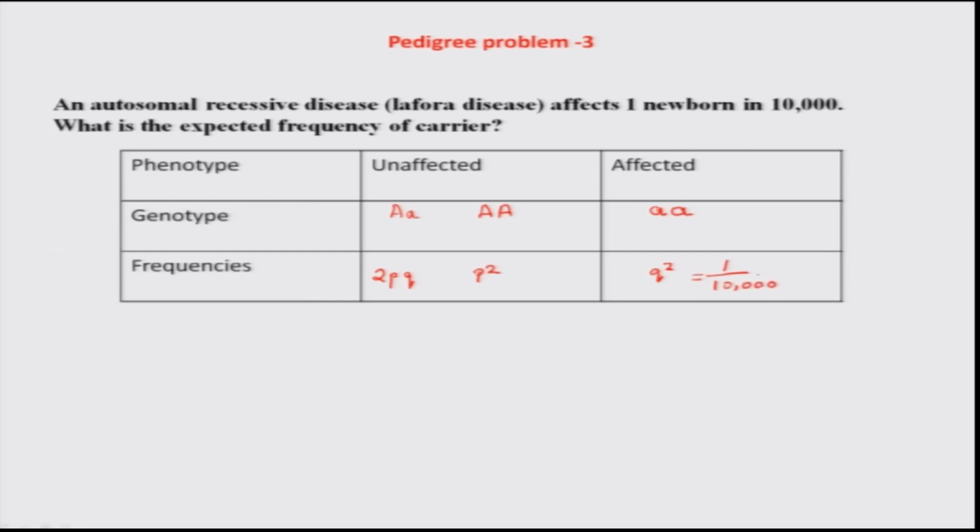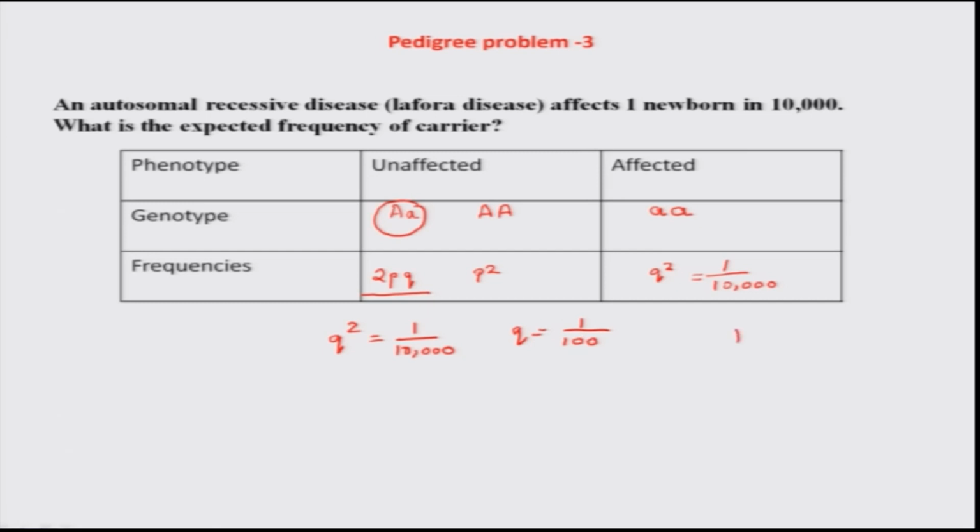And we have to figure out what is the frequency for the carriers, that is capital A and small a, that is, we have to calculate 2pq. To calculate 2pq, we need to know what p and q are. So, if q square is 1 by 10,000, then q would be very simple, 1 by 100.